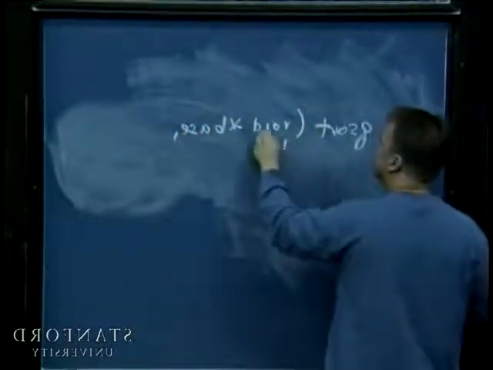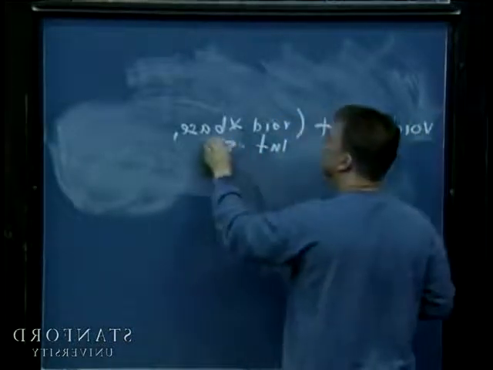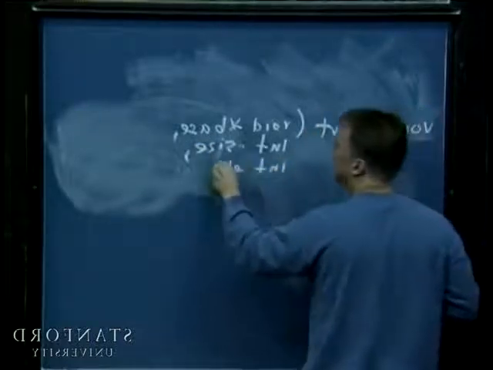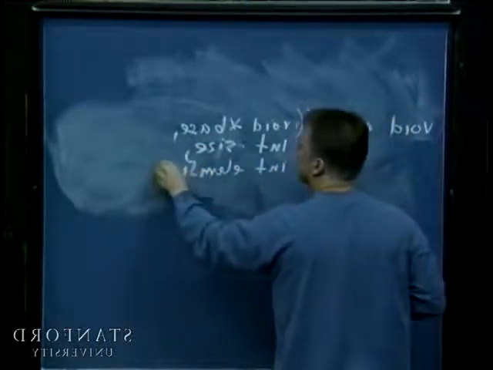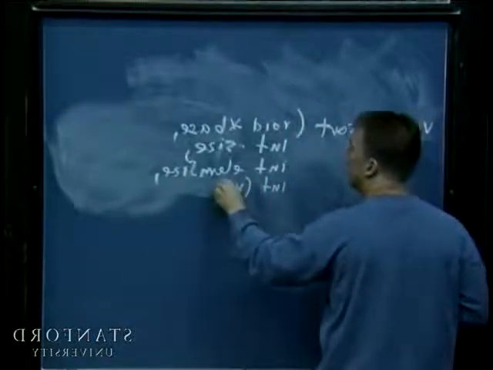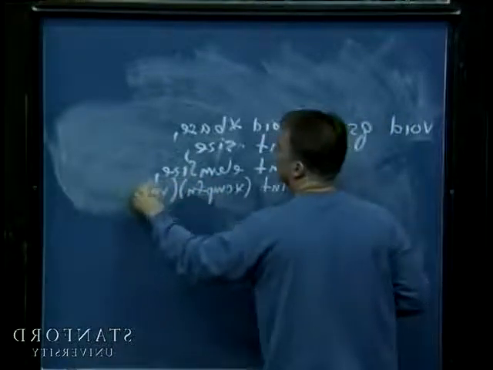It takes an int called n, or size actually. An int called elemSize. And then it takes a comparison function that knows how to compare two generic addresses.